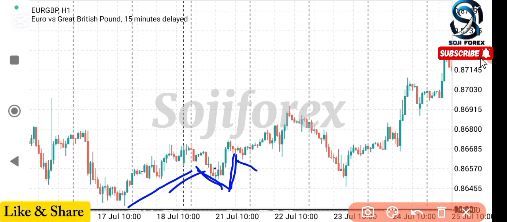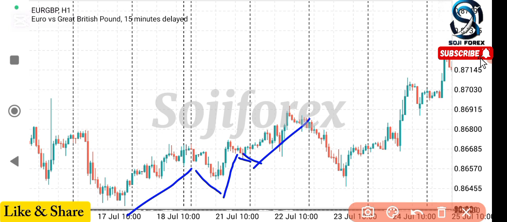It came down a little, gave us this, and then it pushed all the way from there and gave us this higher high. So in this scenario, I'm looking for a perfect way to mark this so that it can be obvious. Higher high, higher low, higher high, higher low, and then higher high. This is exactly what is being represented on this chart.